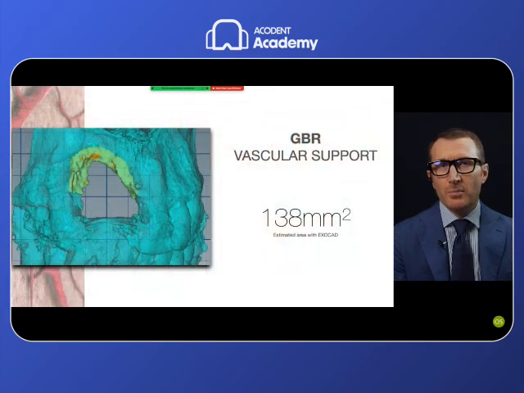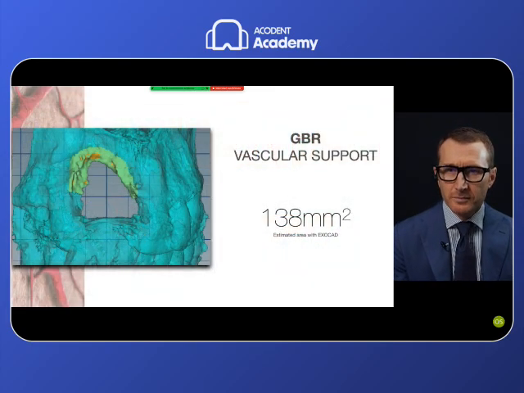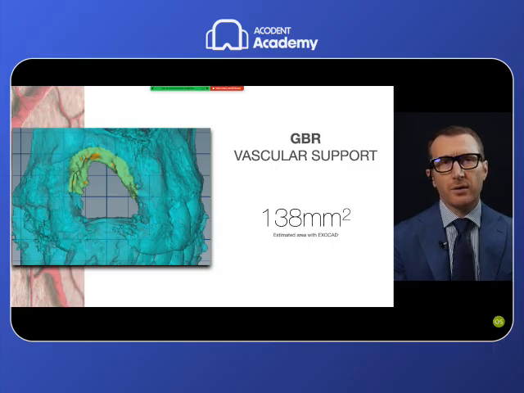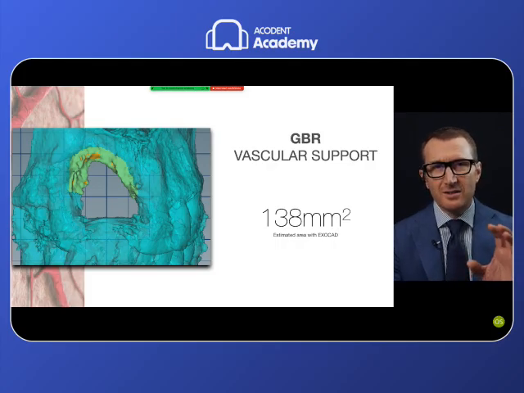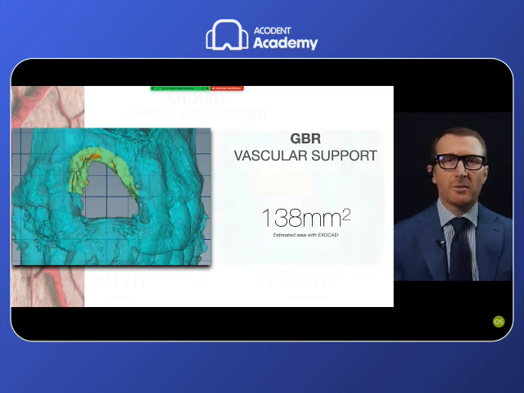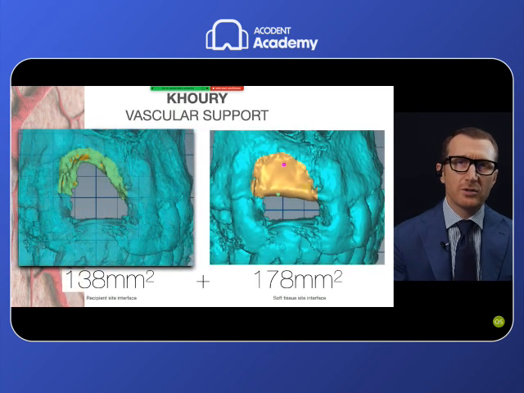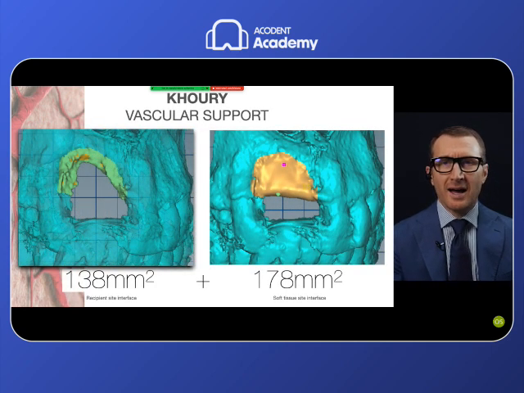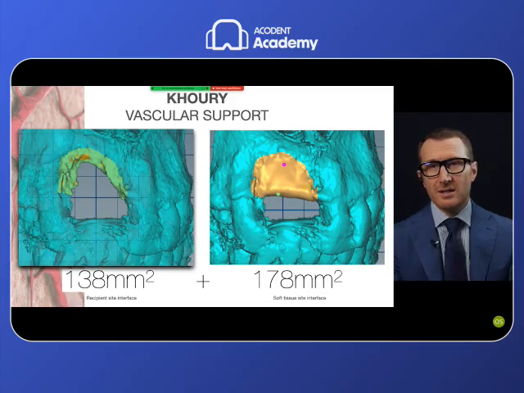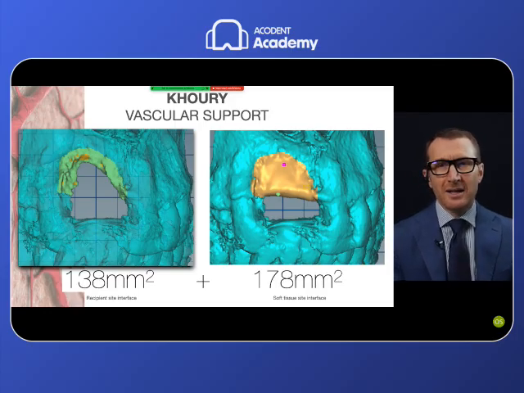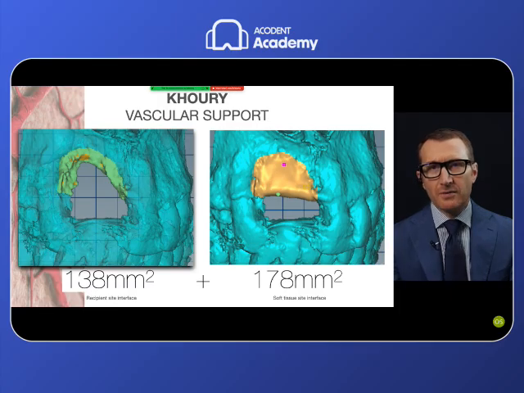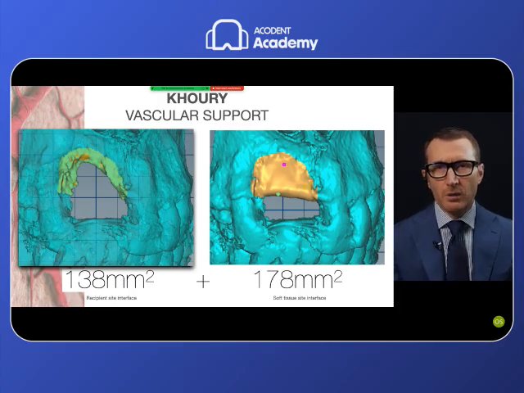So, if you bring this into CAD software, you can calculate this area, which is 138 square millimeters, and this is specific to this environment, but just to have a comparison with a scenario where we are not placing a barrier membrane, meaning that we allow the vascular support not just from the bone side, but also from the soft tissue side.